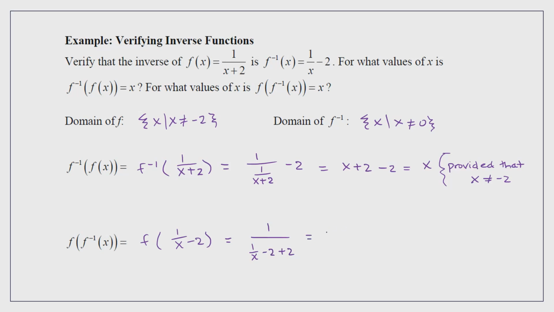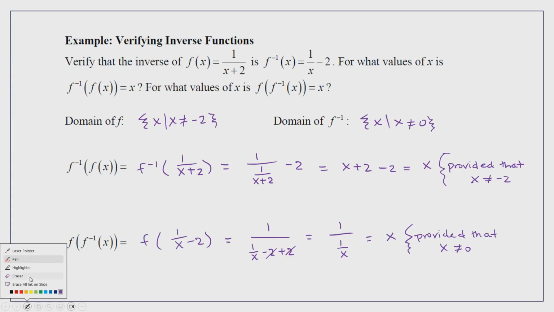We can simplify the denominators because the 2's cancel, so that gives us 1 divided by 1 over x, which simplifies to x. And this is provided that x does not equal 0. Because if x equals 0, then our expression would be undefined.